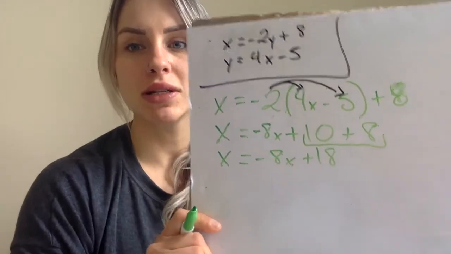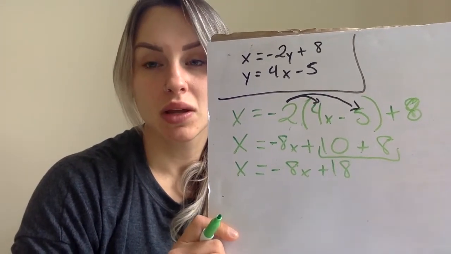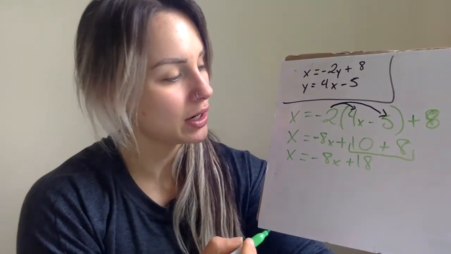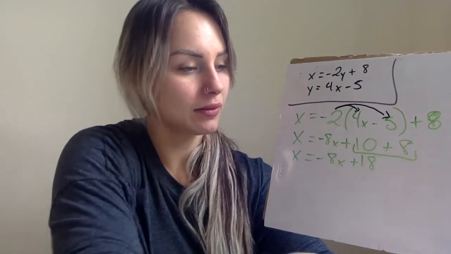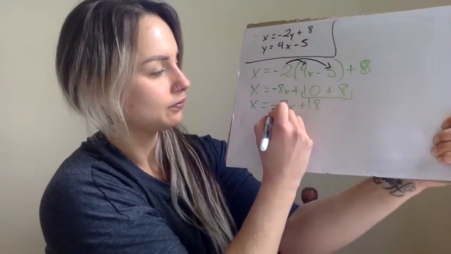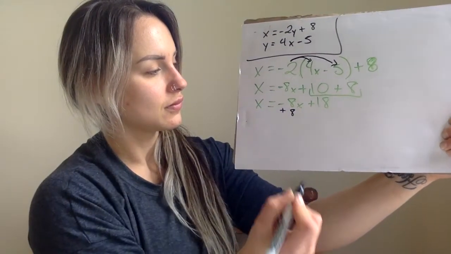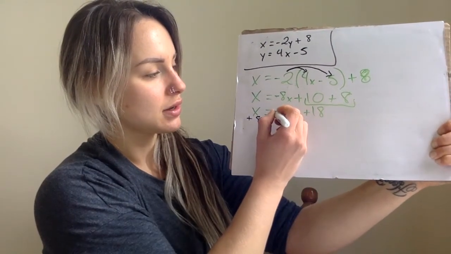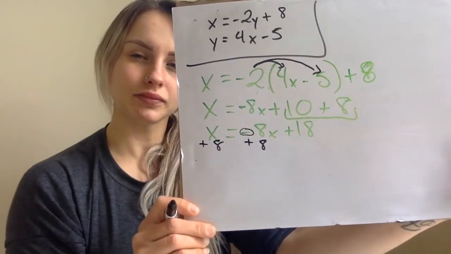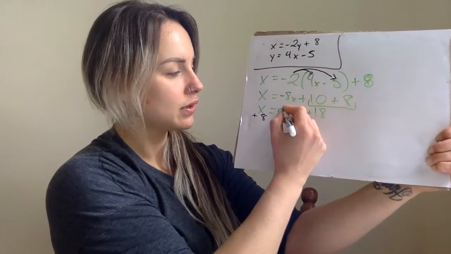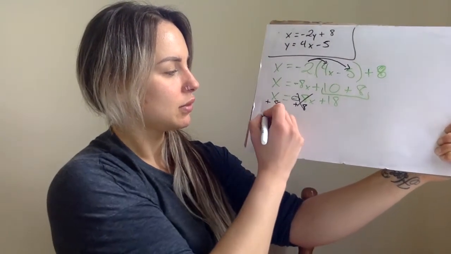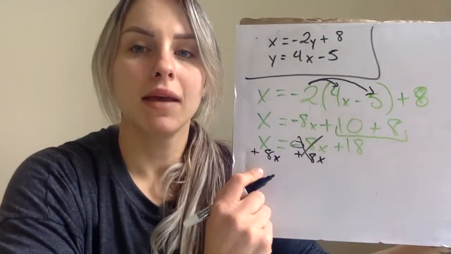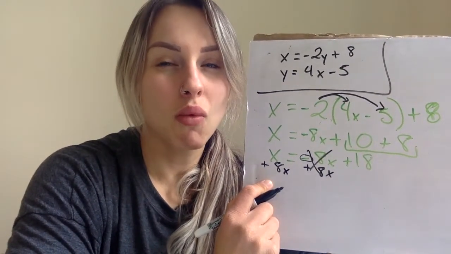Okay, and now we want to get x on both sides. So what are we going to do to get it on both sides? We're going to +8x on the one side and +8x on the other side because it's -8x. So that gets rid of it on this side, which leaves us with 8x plus 1x.